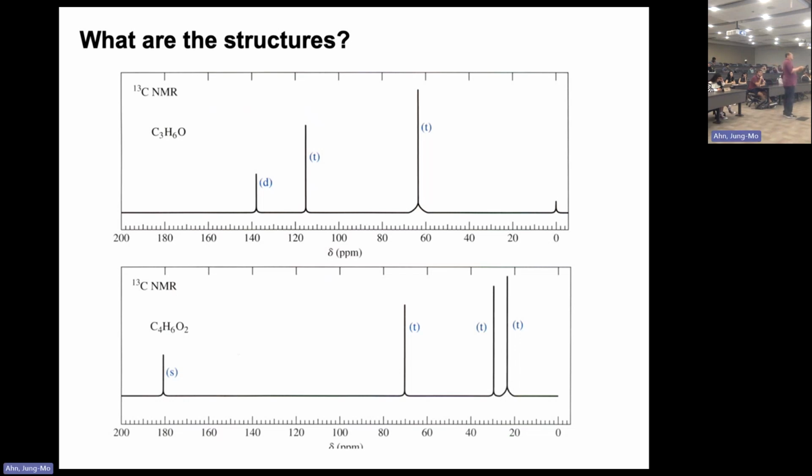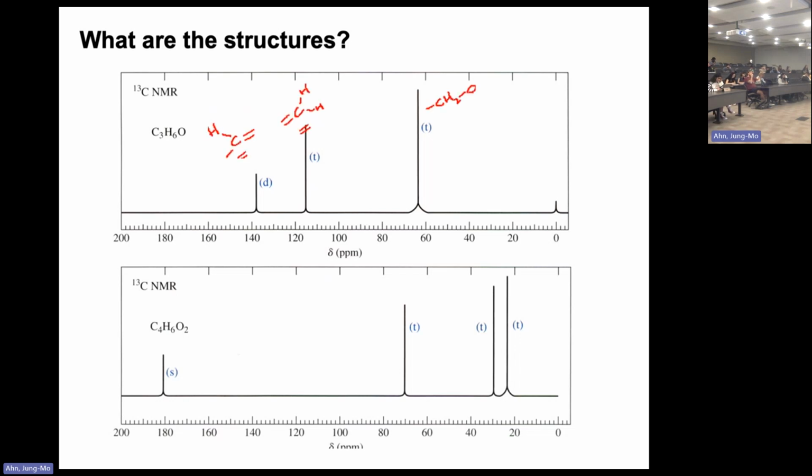But we also have another peak showing at above 60, and that's a triplet. So this carbon should have 2 hydrogens, but not only that, it seems to be deshielded further from the normal carbon range. That means this carbon should have an electron-withdrawing group. And the electron-withdrawing group we're talking about here is an oxygen.